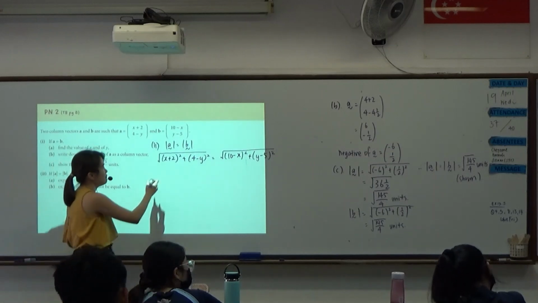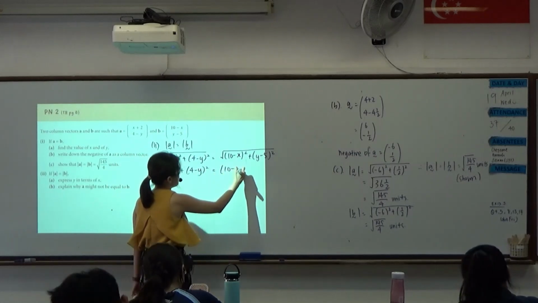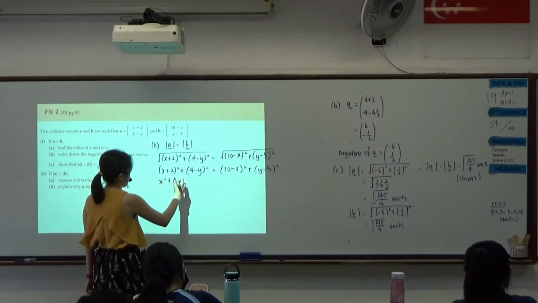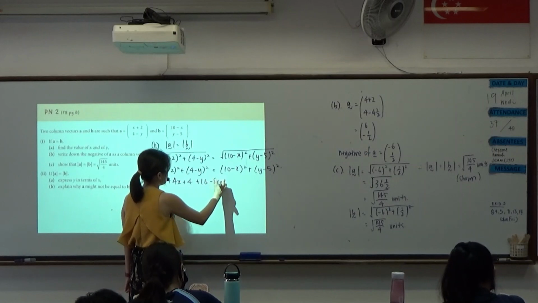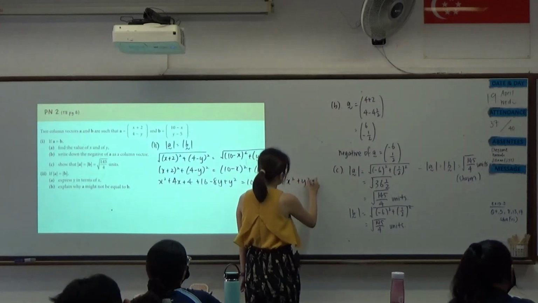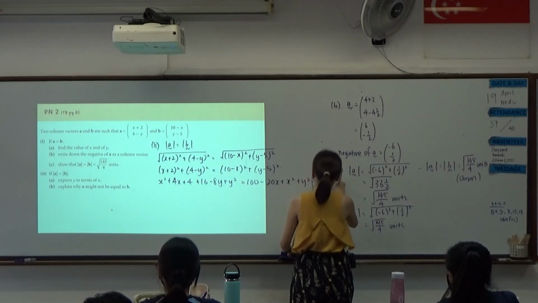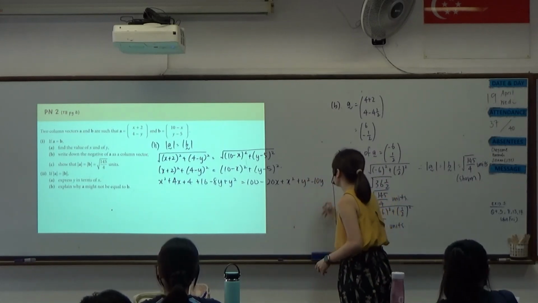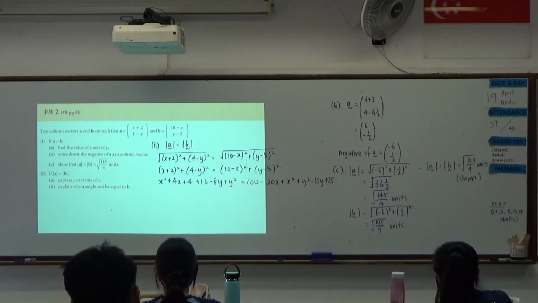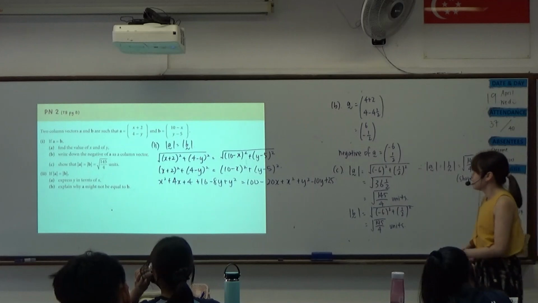Then we proceed to solve. We can square both sides in order to get rid of the square root, and we have no choice but to expand.